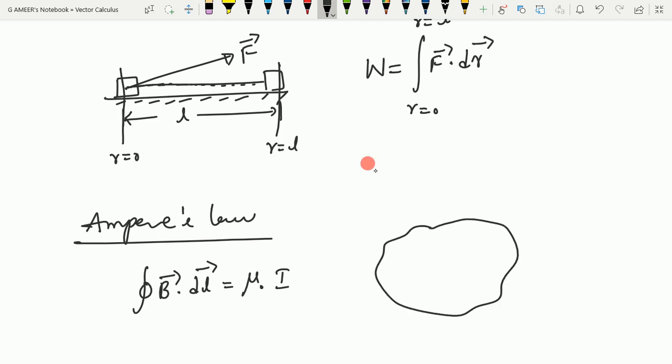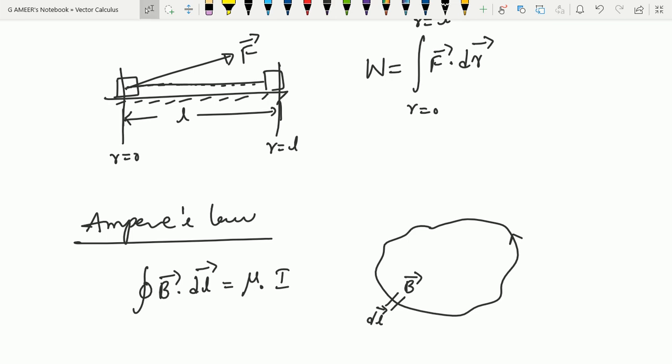Let's say this is the closed curve. You can take the integral in any way. Let us take a small element here, this is dl, the length vector. Now here there will be a magnetic field. So you take the integral across this loop of B dot dl, and I get mu naught into I. So this will be the integral.